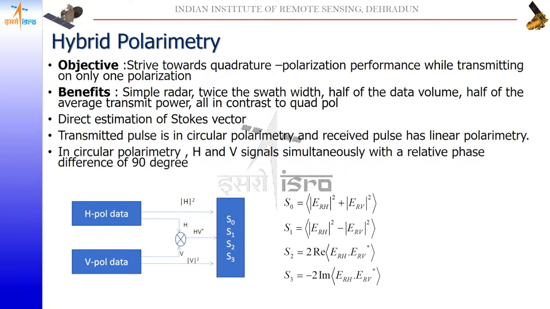The m-delta is comparable with the Freeman decomposition, and it can be applied to distributed targets also. So hybrid polarimetry is designed like a dual pole polarimetry, but it gives images that have the properties of a full pole polarimetry.